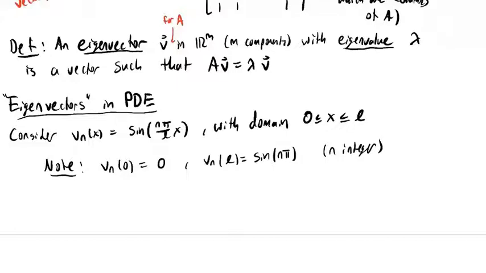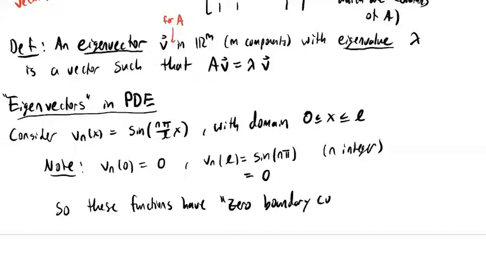And so the sine of any integer multiple of pi is 0. So v_n of L is equal to 0. Right. So these functions have the given boundary condition. Let me call it quote unquote 0 boundary condition, which just means they're equal to 0 at the boundary points.